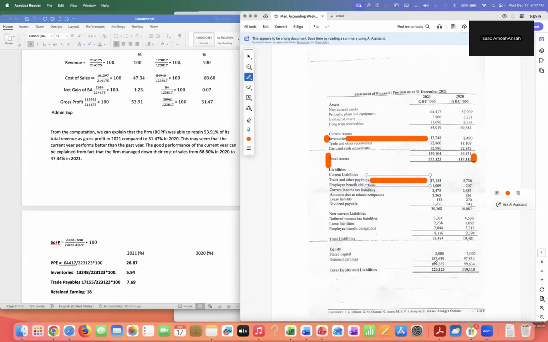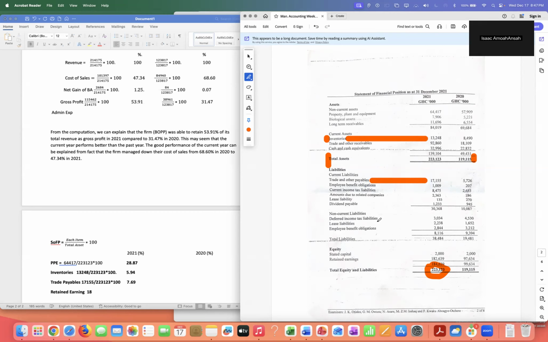Commonly, we use total assets. So you cannot divide your trade payable by your total liability. That's not the formula. It won't give you a good perspective.